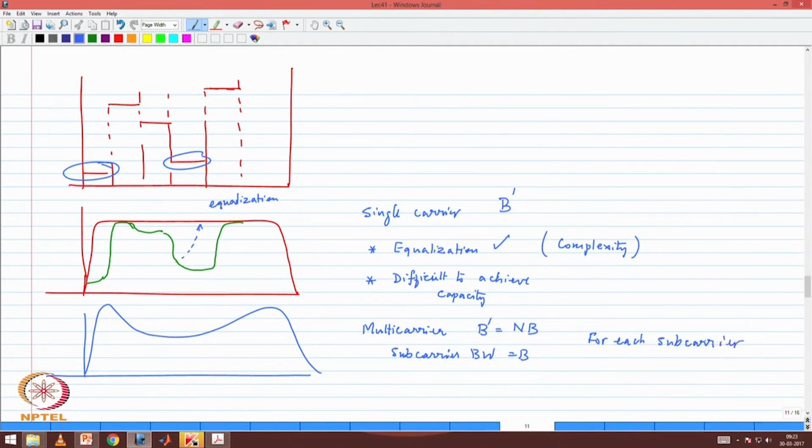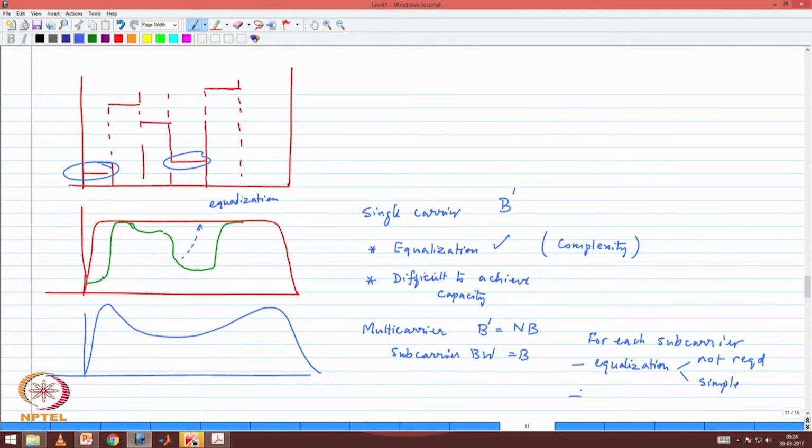Subcarrier equalization probably is not needed, and even if it is needed, it's going to be very simple, low complexity. So equalization is not an issue.